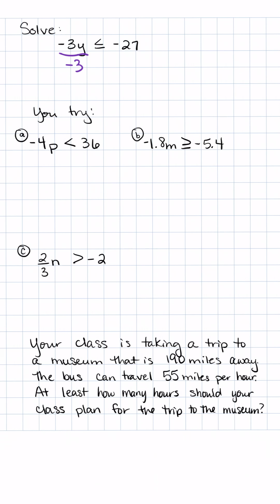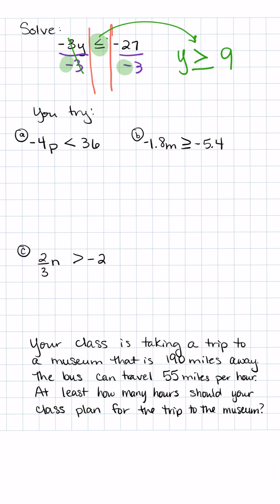Whatever we do to that side, we have to do to the other. This is a negative. What did we say happens to the inequality with the negative? It gets switched around. So these two are going to cross out, and then we have y, switch this around, reverse, is bigger than or equal to a positive 9.